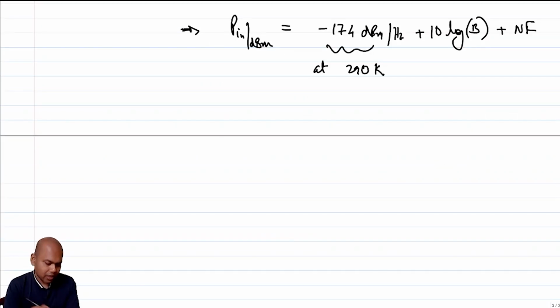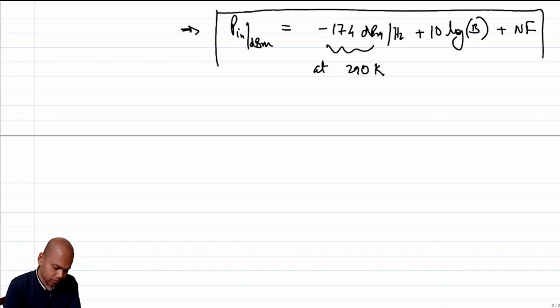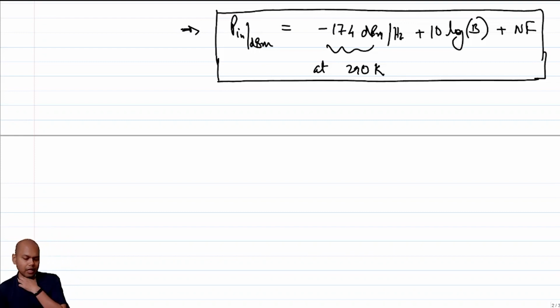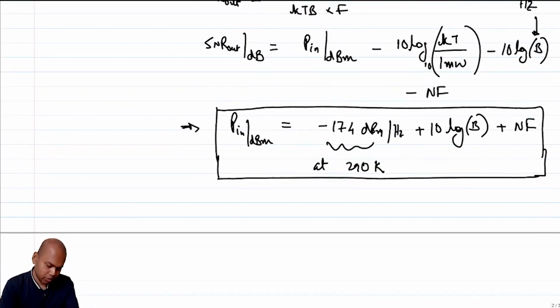So what is this expression telling us? This expression is telling us that under matched condition, right? Okay, I have missed that SNR out. That's the most important part, right? So this plus SNR out in dB.